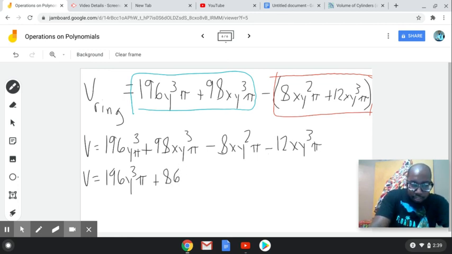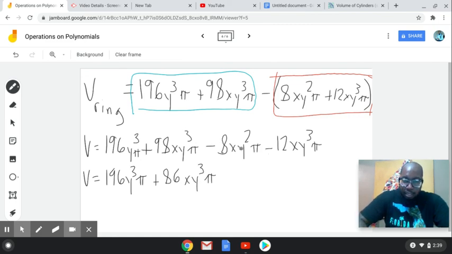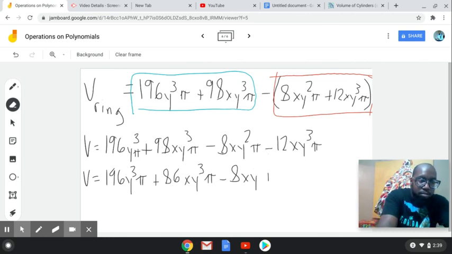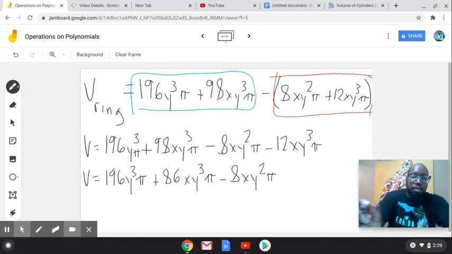So it's going to be 86 xy to the third pi. And then this is my last term right here, this 8xy squared pi. And that's just going to be minus 8xy squared pi. Okay.